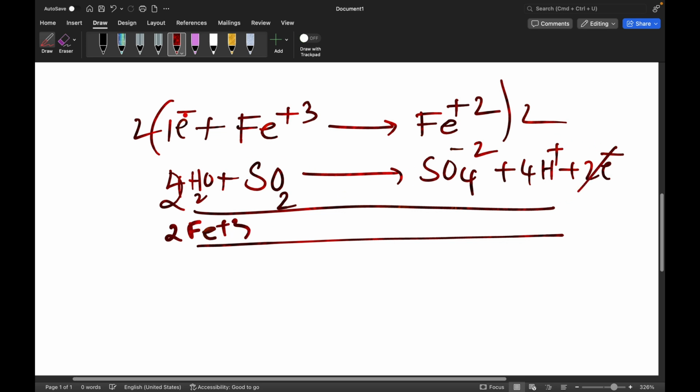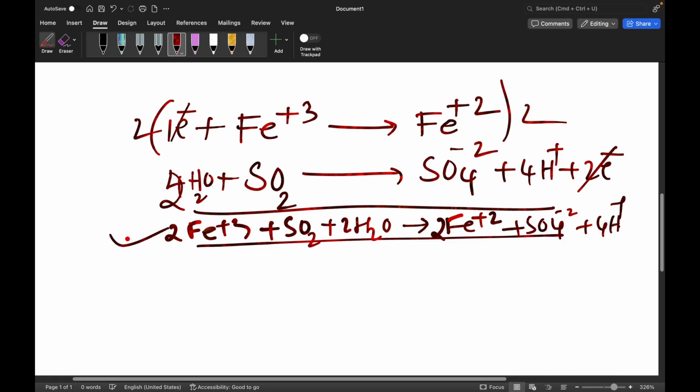Now the electrons get cancelled, plus SO2 plus 2H2O, which gives 2 moles of Fe plus 2 plus SO4 minus 2 plus 4H plus. So this reaction is an oxidation reaction, right? Sulfur dioxide reduces Fe plus 3 into Fe plus 2.